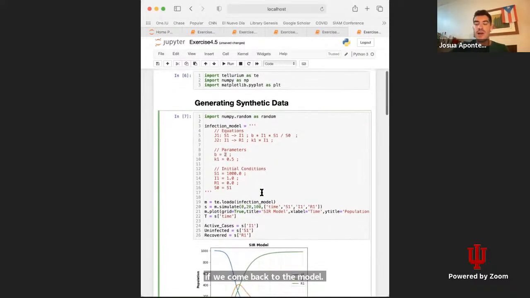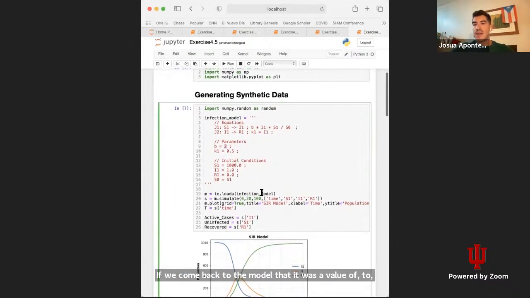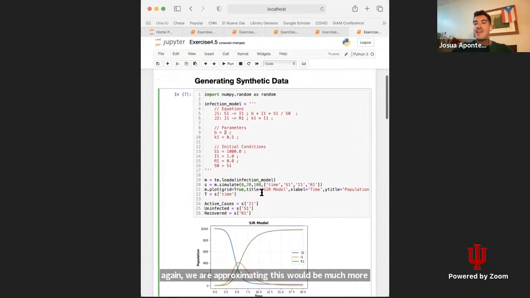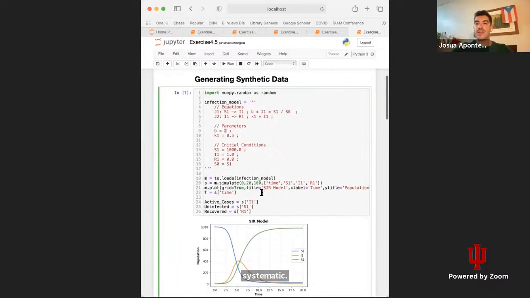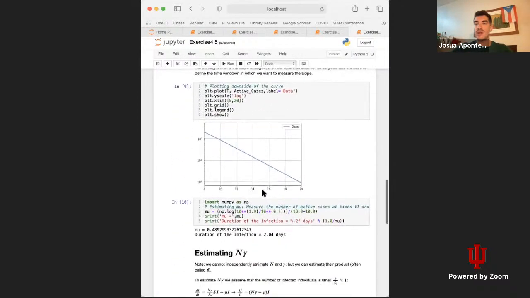Again, we are approximating this. We would be much more systematic. We wouldn't leave it to our eyes if we were doing this in a serious context, but as an educational exercise, we can do it this way.